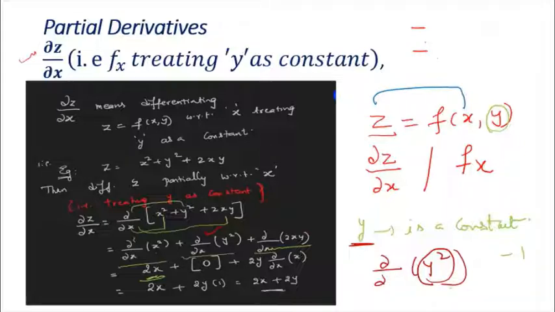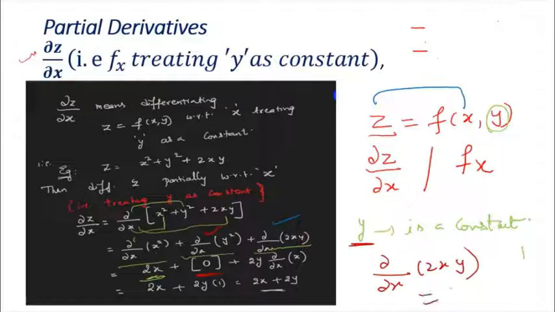You are differentiating with respect to x, but you are differentiating y square, so it will be treated as a constant. So dou by dou x of y square is 0. And the next term is dou by dou x of 2xy.